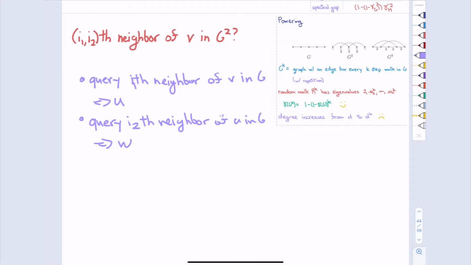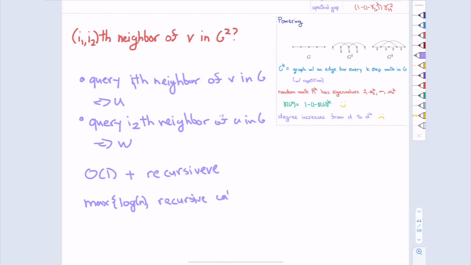So the total space is basically constant plus the recursive calls, because it's space, not time. I guess what I should really write is that you probably need to write down the name of u, so maybe it should be max of log n. Something like that. But you really need to do very little beyond the recursive part. The squaring adds nothing.